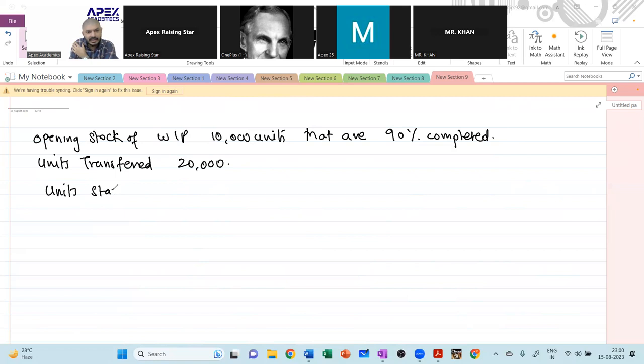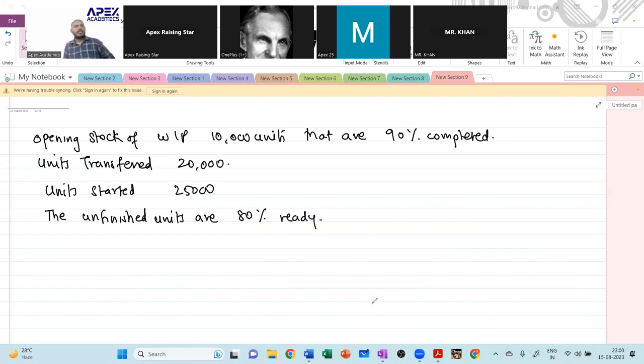And units started are 25,000. The unfinished units are 80% ready. Apply FIFO and calculate equivalent units.